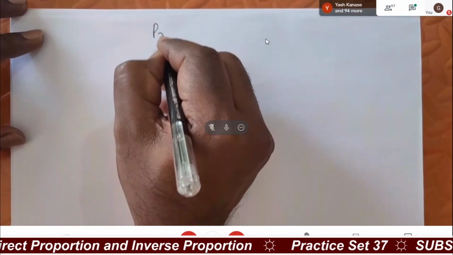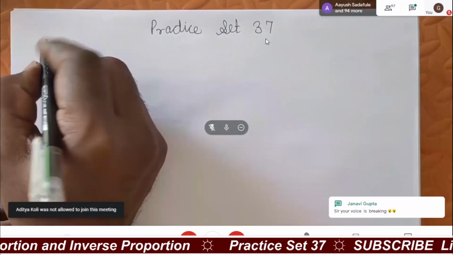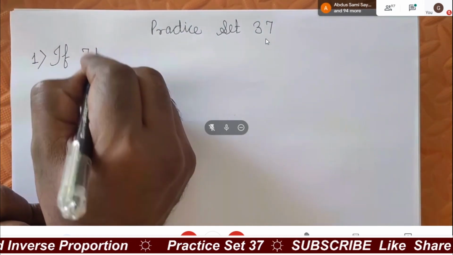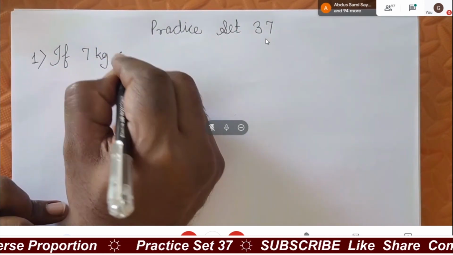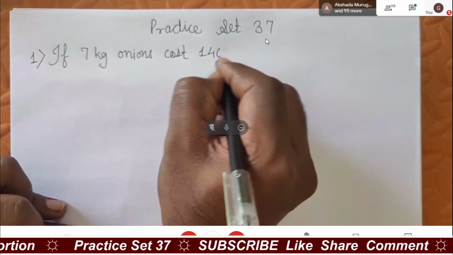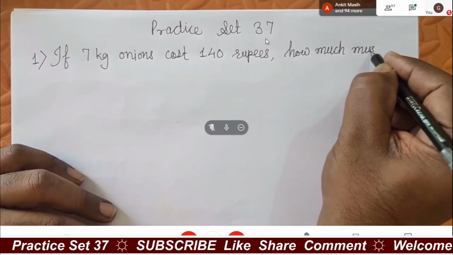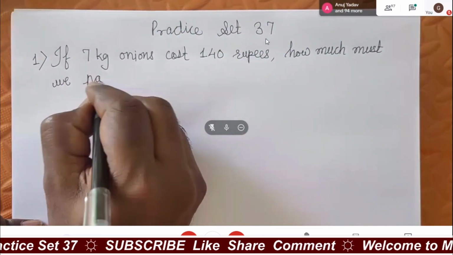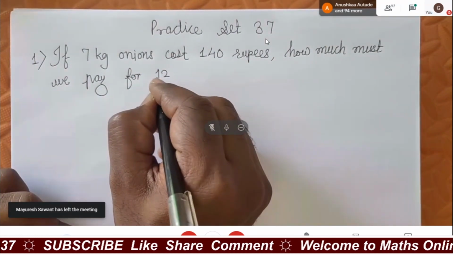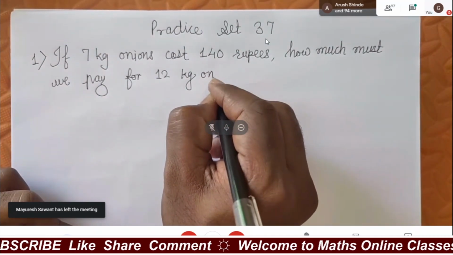Now practice set 37. First sum: if 7 kg onions cost 140 rupees, how much must we pay for 12 kg onions?